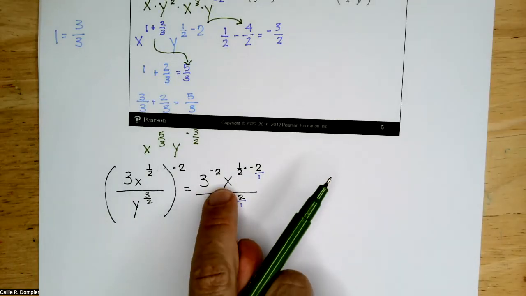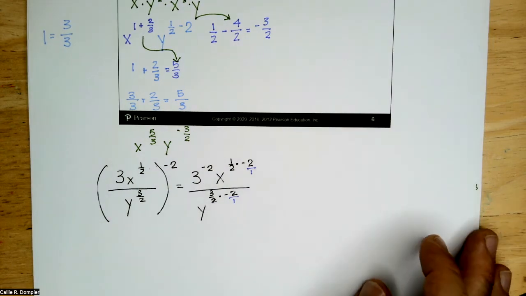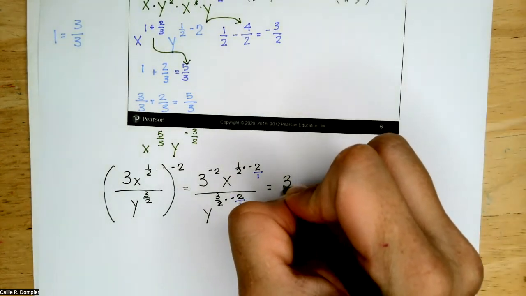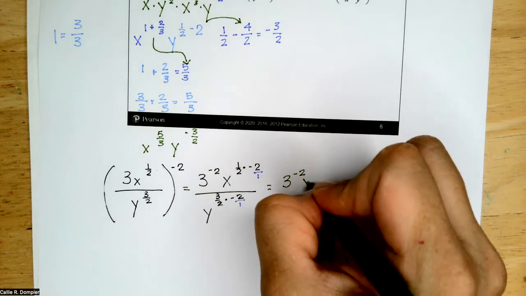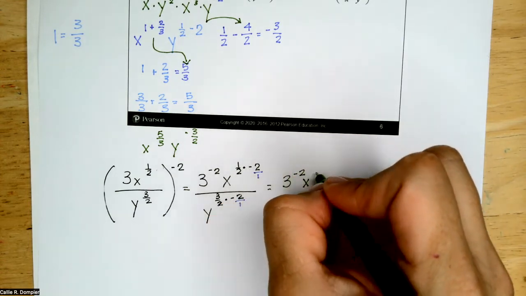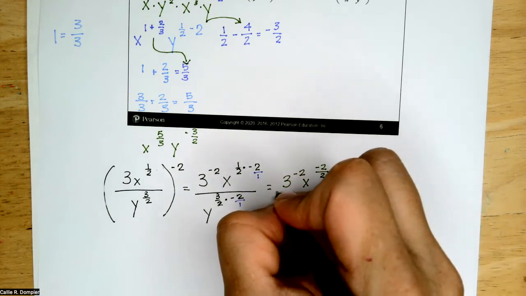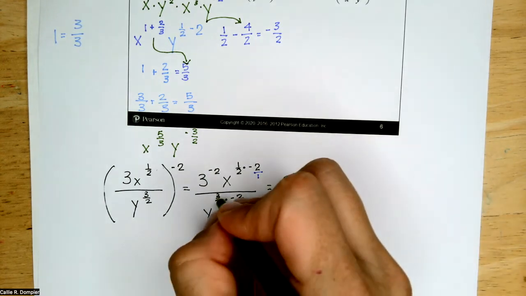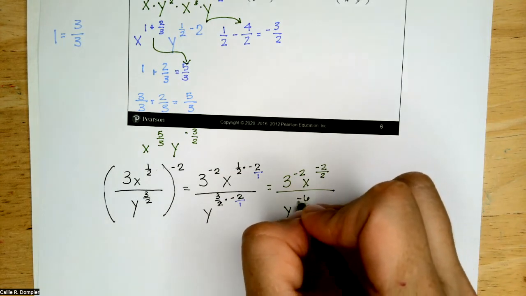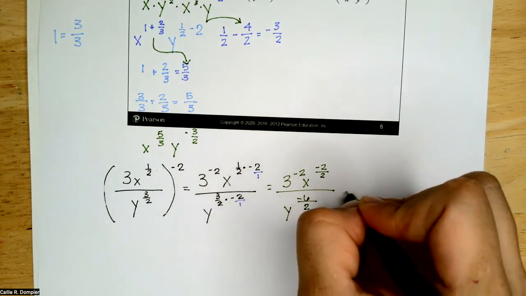Okay, so 3 to the power, let's leave it alone. 3 to the power of -2. X, let's multiply this. 1 times -2 is -2. 2 times 1 is 2. Y, 3 times -2 is -6. 2 times 1 is 2.